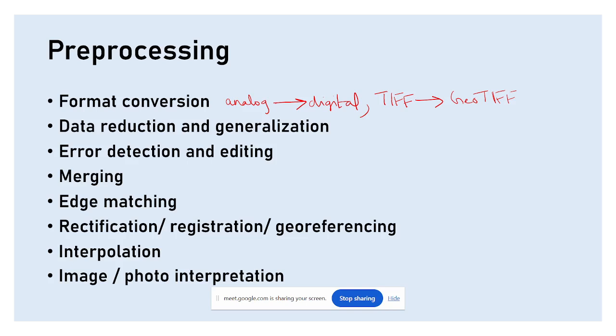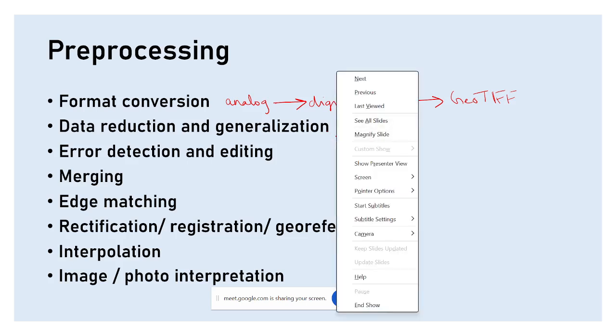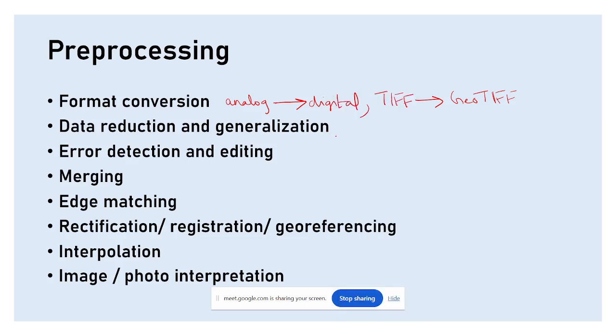So as I was saying, the next one is data reduction and generalization. Data reduction does not necessarily mean that we will delete the data. Data is not removed as such, but we will do some repetition checks, like we were talking about redundancy for compression.